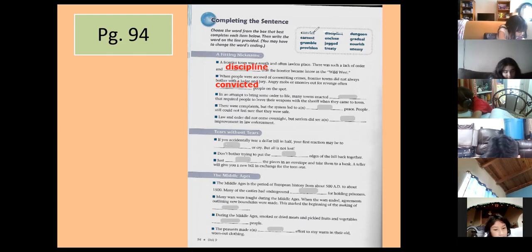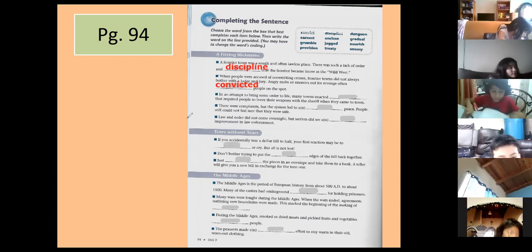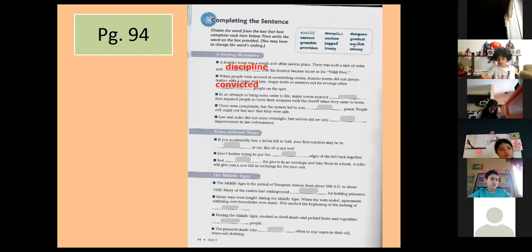What do you think is the answer of number 3? For these people, having some weapons might be some of their provisions. So let's write it down, provisions here.